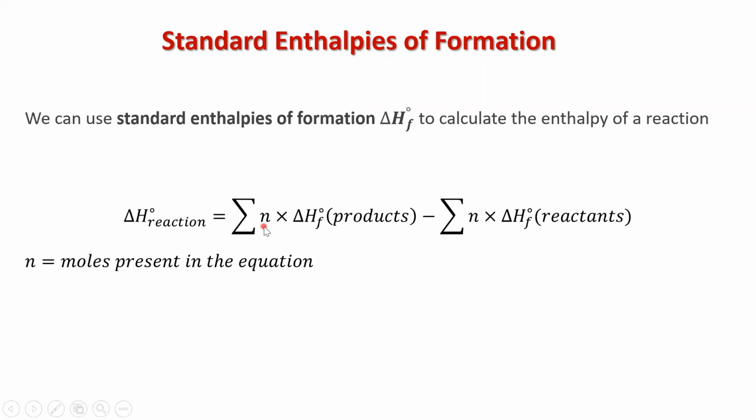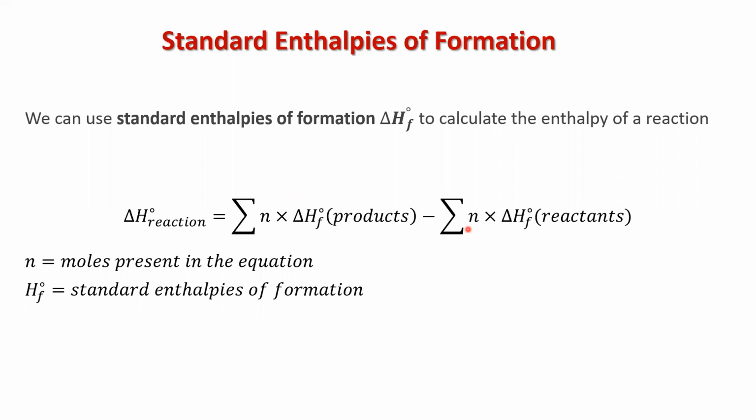Now, the N's that are in here are the number of moles that are present in the equation. And the reason that we have to incorporate that in there is because the values that are on a standard enthalpy of formation table are per 1 mole of a compound that's formed from its elements. And there may be more than 1 mole in the balanced equation.